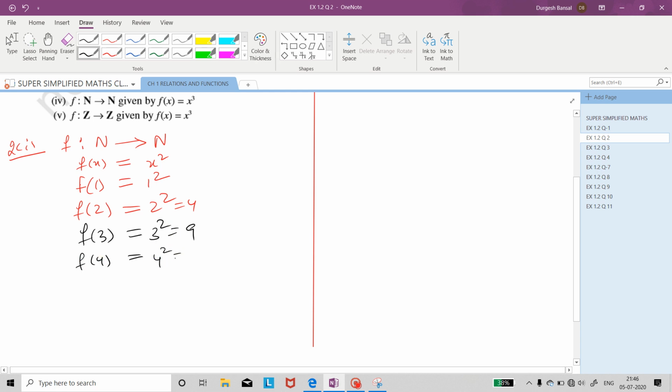So we have observed that there is a pattern. If I keep on applying it on different natural numbers, what do I keep on getting? I'll keep on getting the squares.